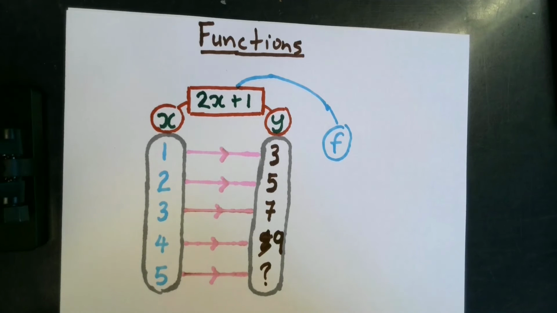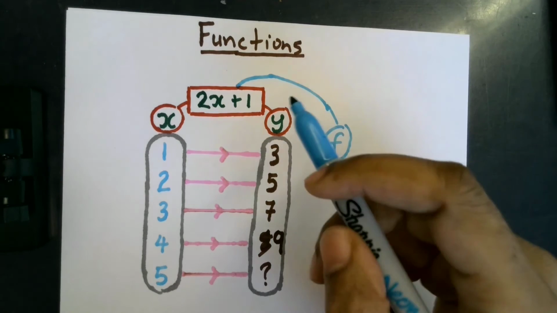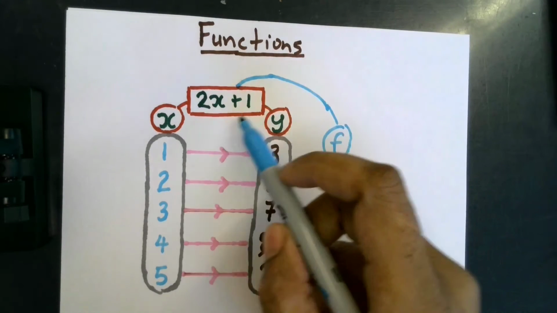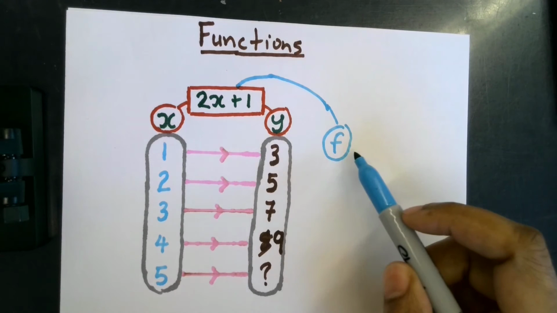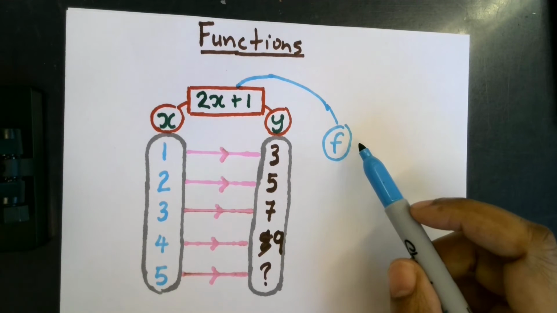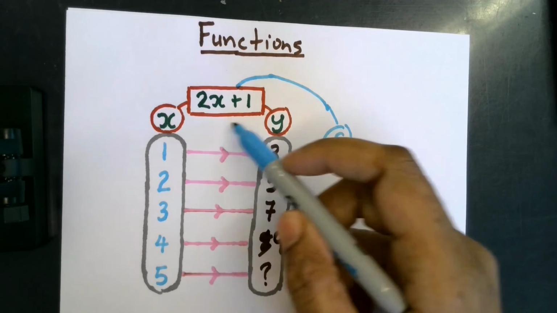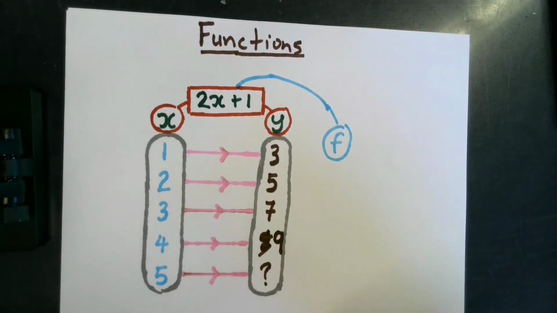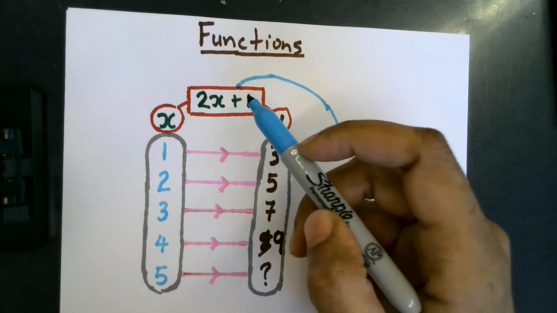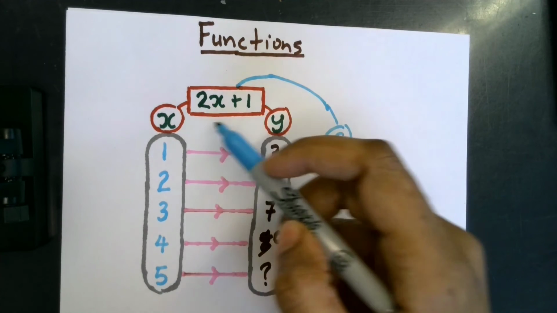Okay, sorry for that interruption. All right. So, as I was saying, if I decided to call this formula f, all right, that's the name I decided to give this formula. Yes. I could have used a word to name this formula.